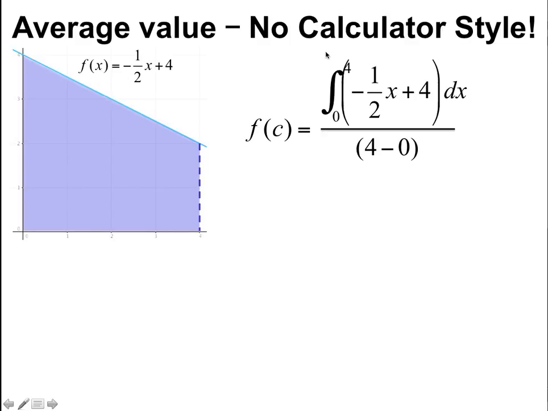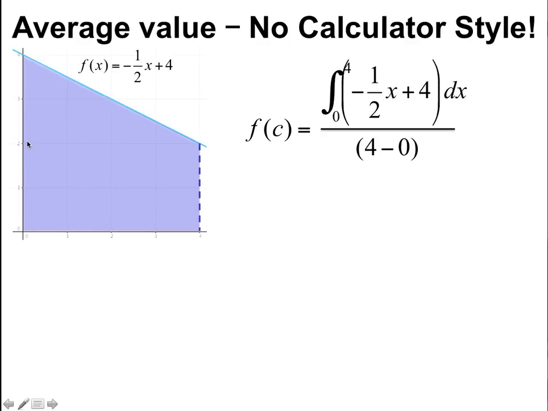We could do a Math 9 on this, but I want this to be a no calculator style, so we have to rely on our other strategies. The strategy we're going to use is geometry to calculate the area of this geometric shape. It's all above the axis, all in the positive y's, so we know we have a positive value for this region.